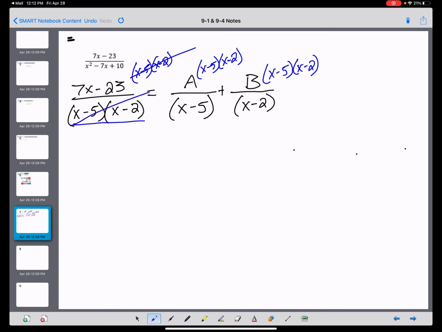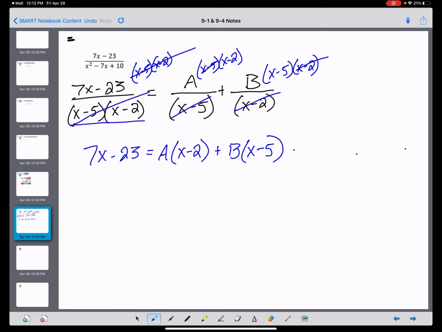Over here, it cancels out, and I'm left with 7x minus 23 is equal to, here the x minus 5 cancels out, and I have A times x minus 2 plus B, the x minus 2 cancels out, and I have x minus 5. That's the next step we need to be doing.